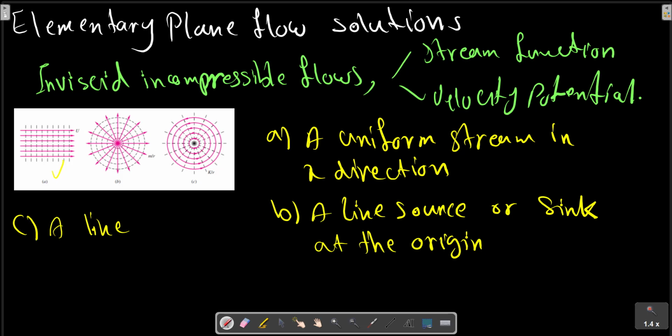This type: sink or source, a line vortex.